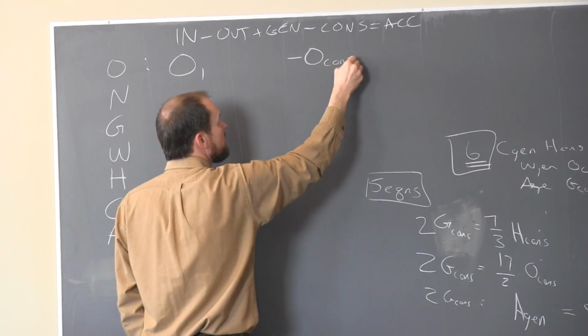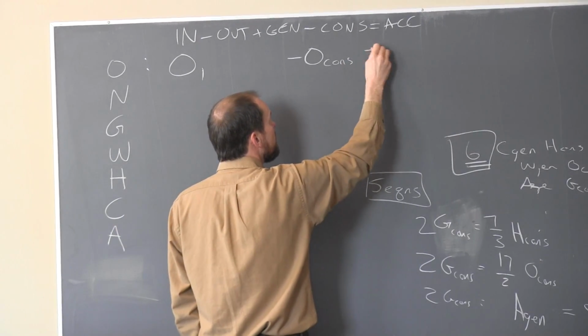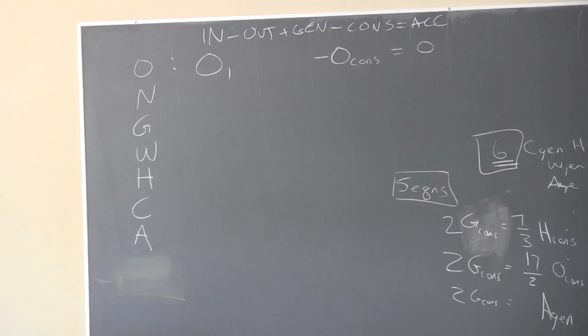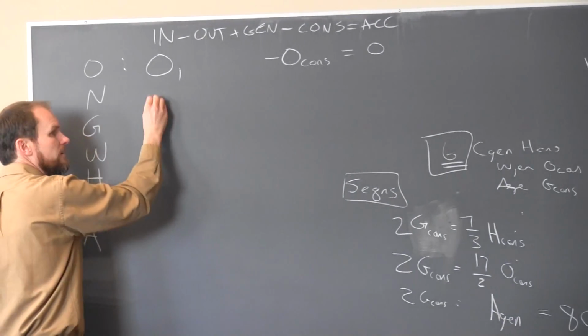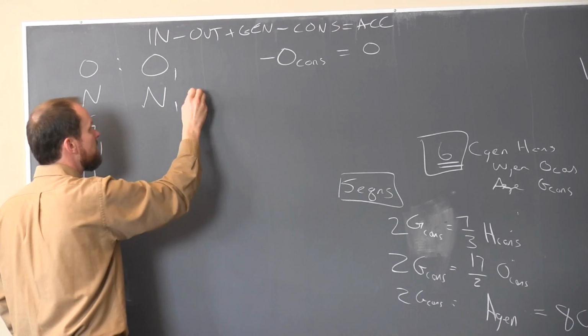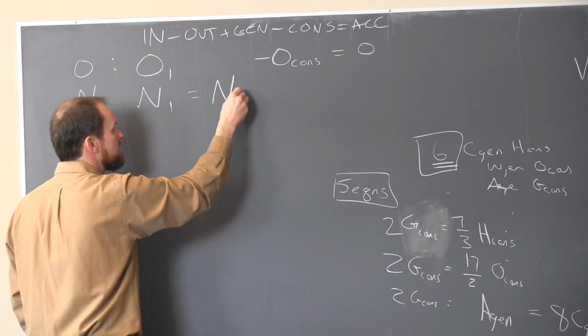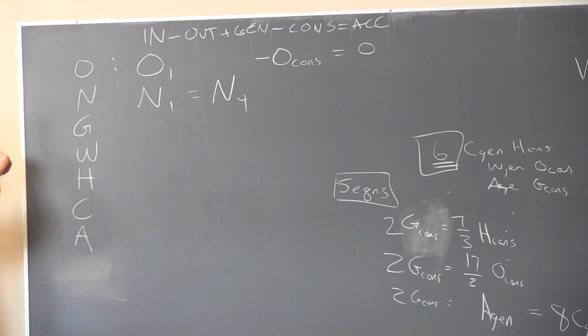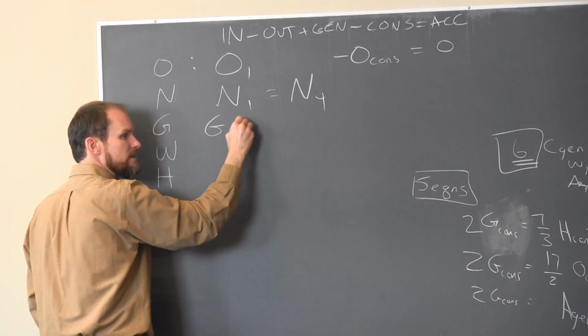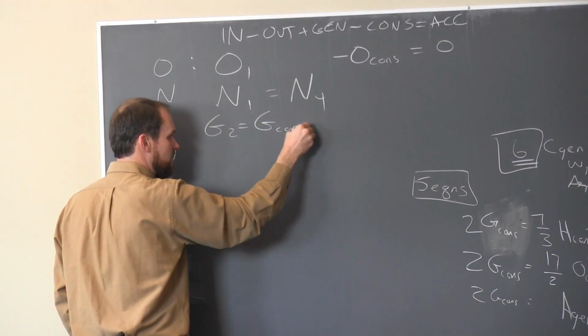O consumed. How much accumulated? 0. So oxygen in equals oxygen consumed. Really easy equation. Nitrogen: nitrogen in, nothing consumed, nothing generated, it's going to equal nitrogen out, which comes in between 4. N1 equals N4. O1 equals O consumed. G2 has to equal G consumed, etc.